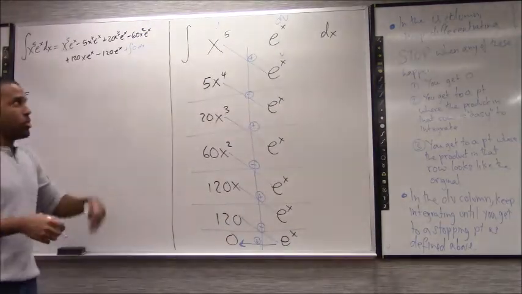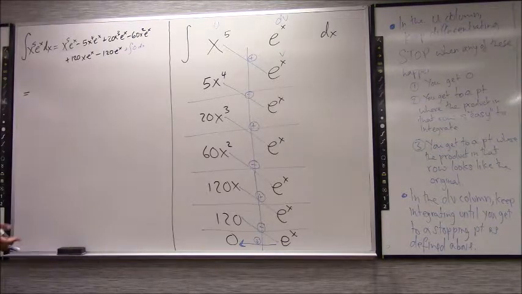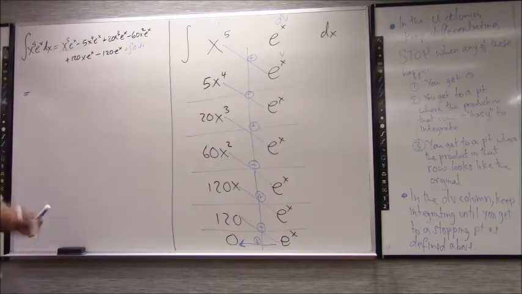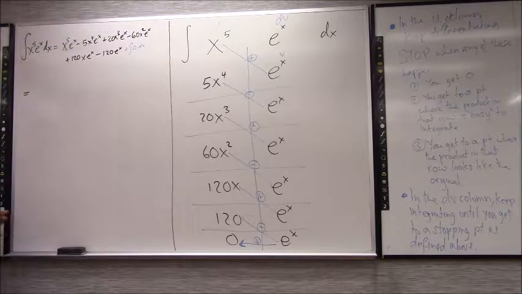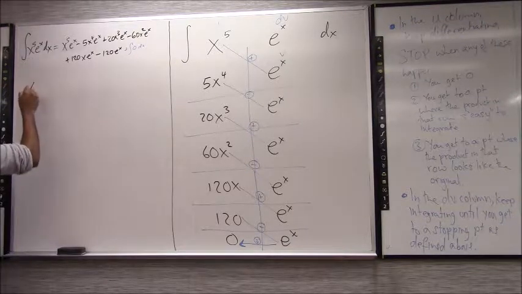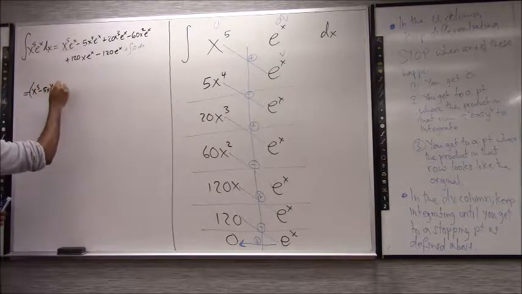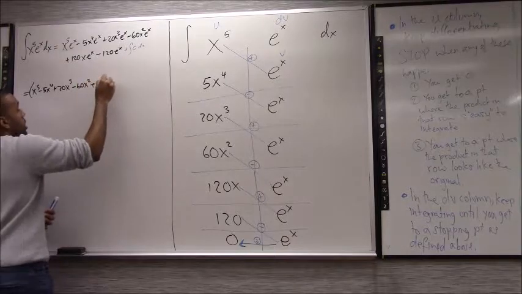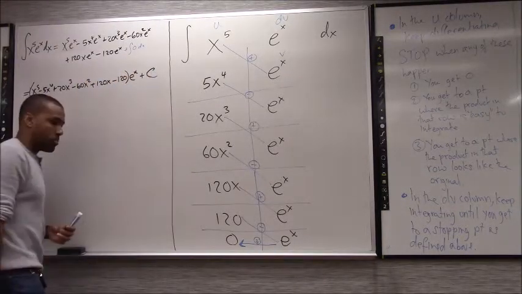Eventually, if you had to just do this, it'll take very little time, definitely a lot less time than going through integration by parts several times in a row. So the integral is x to the fifth minus 5x to the 4 plus 20x cubed minus 60x squared plus 120x minus 120, times e to the x, plus c.